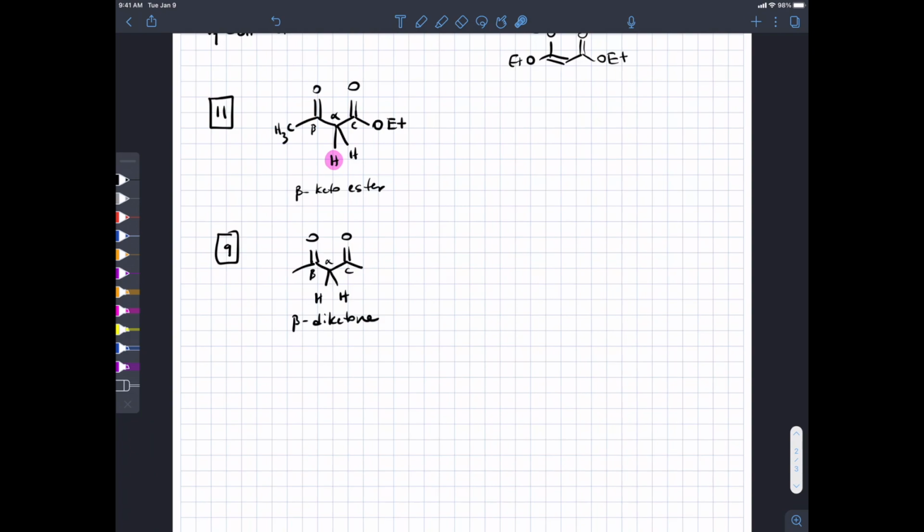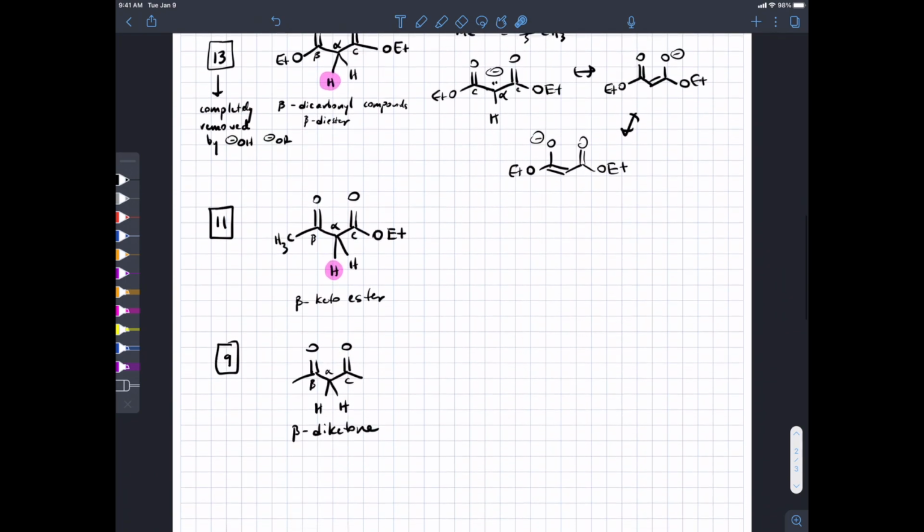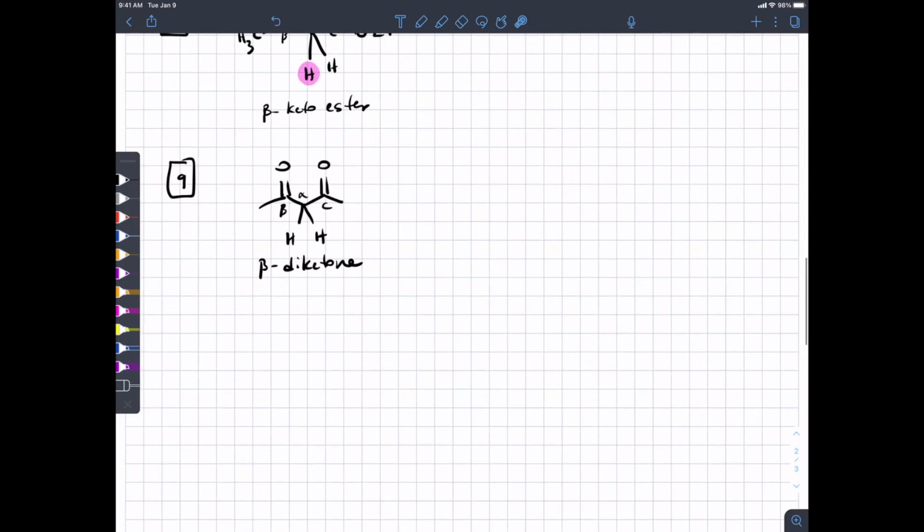Okay, with this in mind, we've talked a lot about these enolates. I want to just mention that the first few sections of chapter 17 have to do with the fact that you can undergo tautomerization to get an enol instead of a ketone.